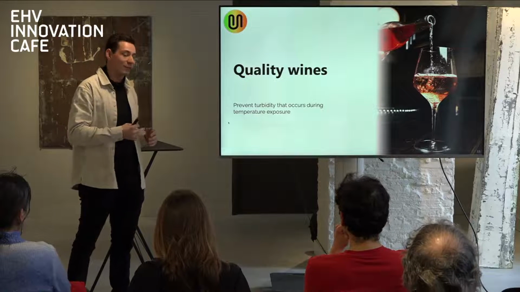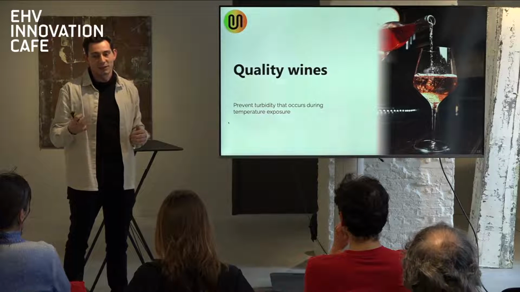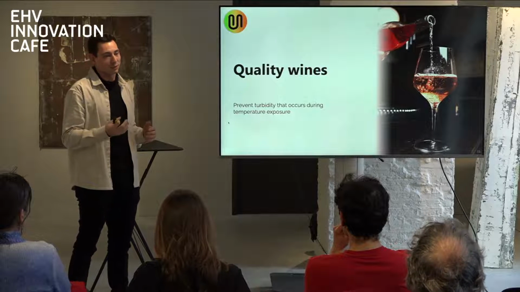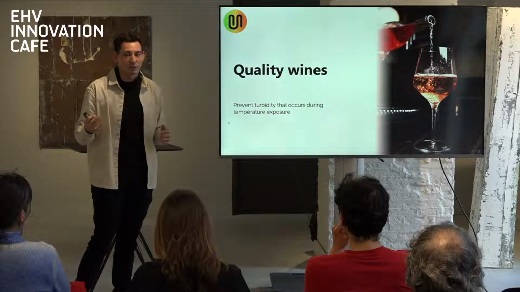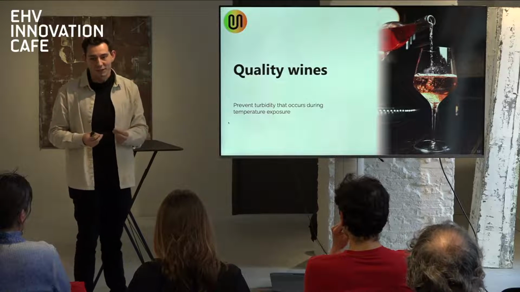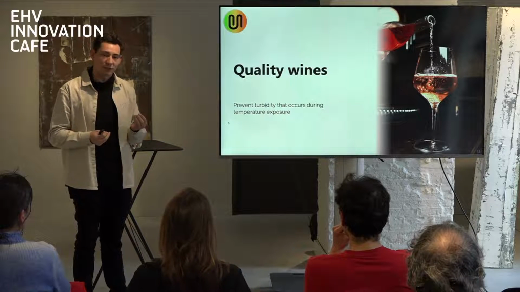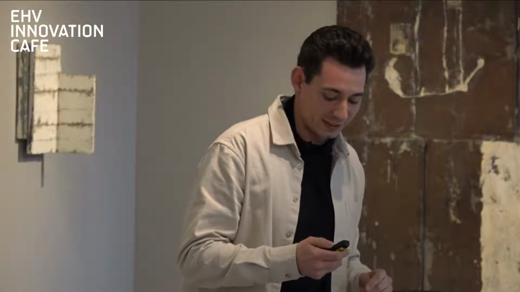Once during transport a wine experiences temperatures above 30 degrees for longer times, your wine will turn turbid and you will also have a quality loss in terms of the taste. So to really have this as a quality label on your bottle of wine or on the box of wine, this can make a fancy gimmick basically also in the luxury market.